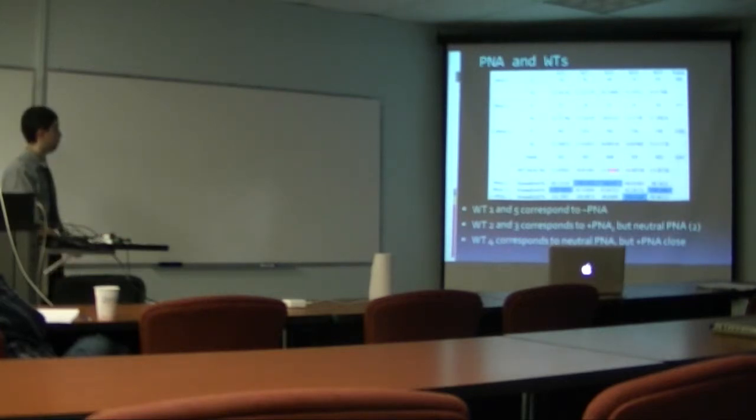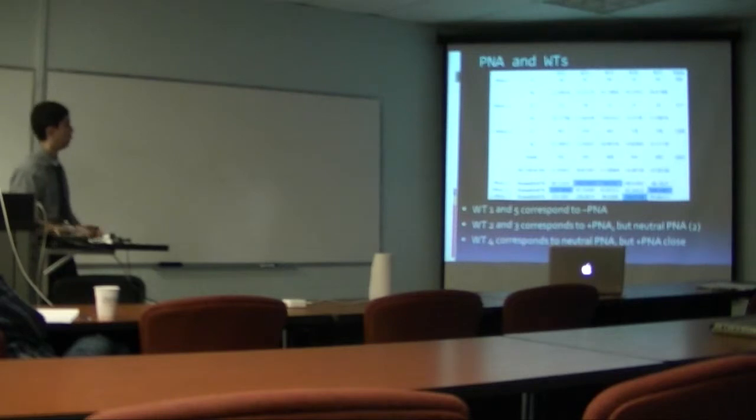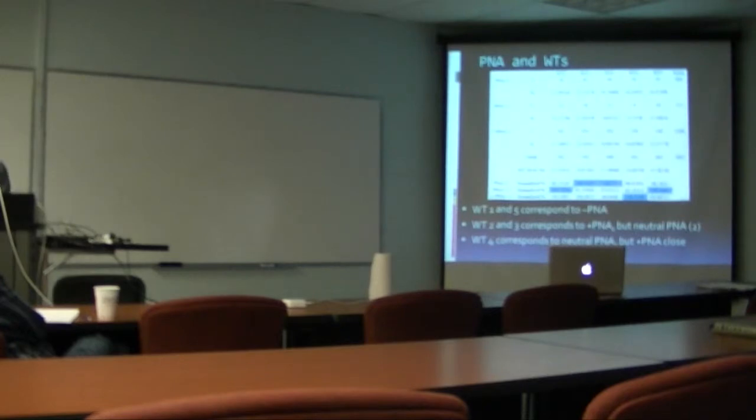So in this case, WT2 and 3 occurred most often in positive PNA. As you can see here, negative had WT1 and 5 occur most often, and then neutral PNA had WT4 occur most often.